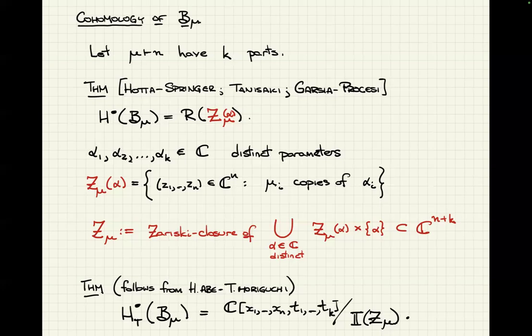Hi, Brendan. I have a quick question about the citation of this result. There's a paper by Kumar and Procesi where they prove this presentation for Springer fiber. So I always thought it was due to Kumar and Procesi. Thank you very much. I am unaware of that paper. I noticed this paper of Abe and Horiguchi where they have a presentation that works in terms of orbit harmonics, but the paper of Kumar and Procesi, do you remember the year on that?